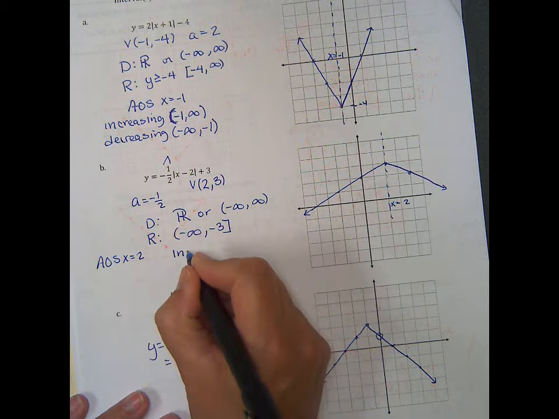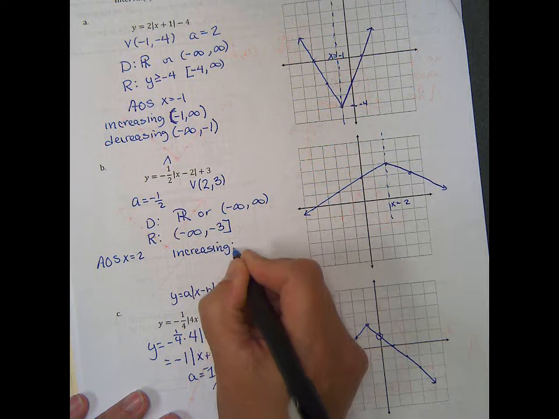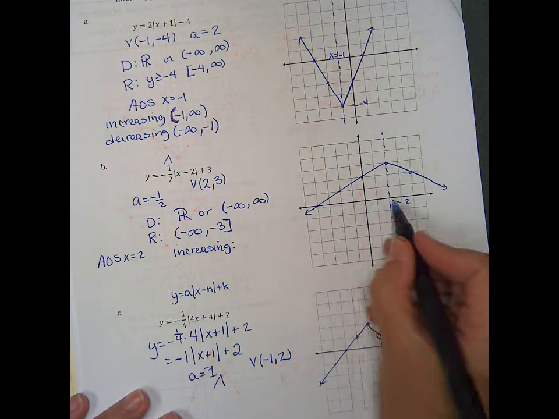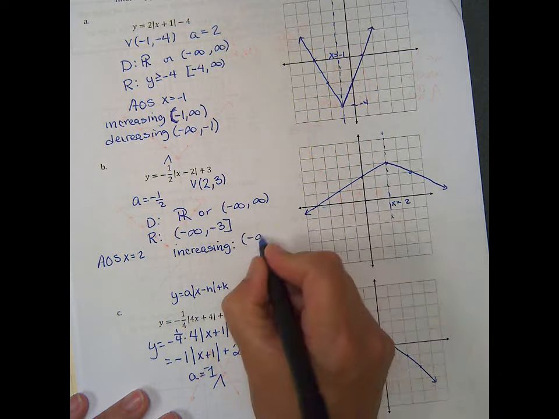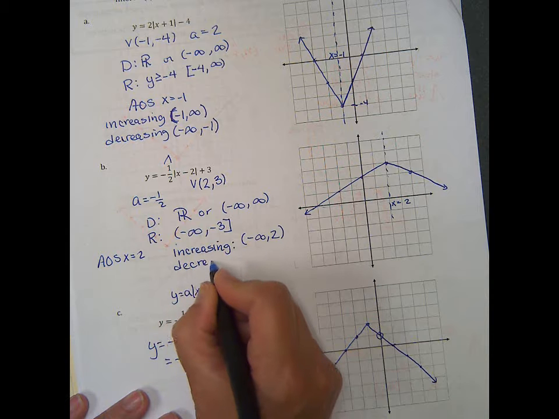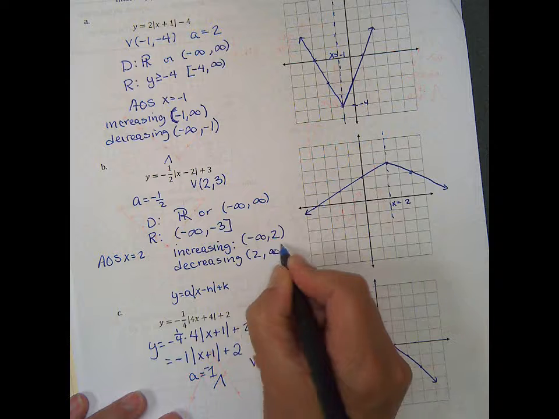It's increasing on the left side this time. From -infinity, we're looking at the x's until we get to 2. So -infinity to 2. It's decreasing on the right side from 2 to infinity.